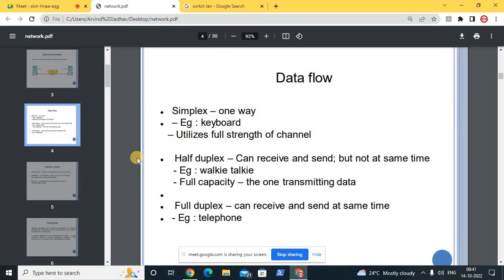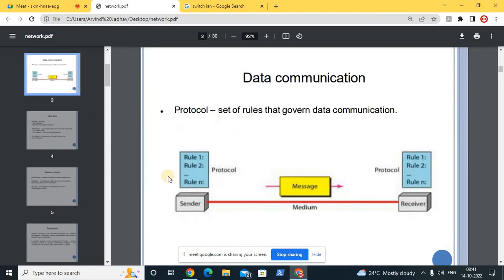So simplex. Half duplex कैसे किया जाता है? It will send and receive, but at one time. Okay, so just ये diagram याद रखना है आपने. Okay, for example, sender and receiver है. So this one is a keyboard. It will send the information what he wants. That's it. This one is a sender.